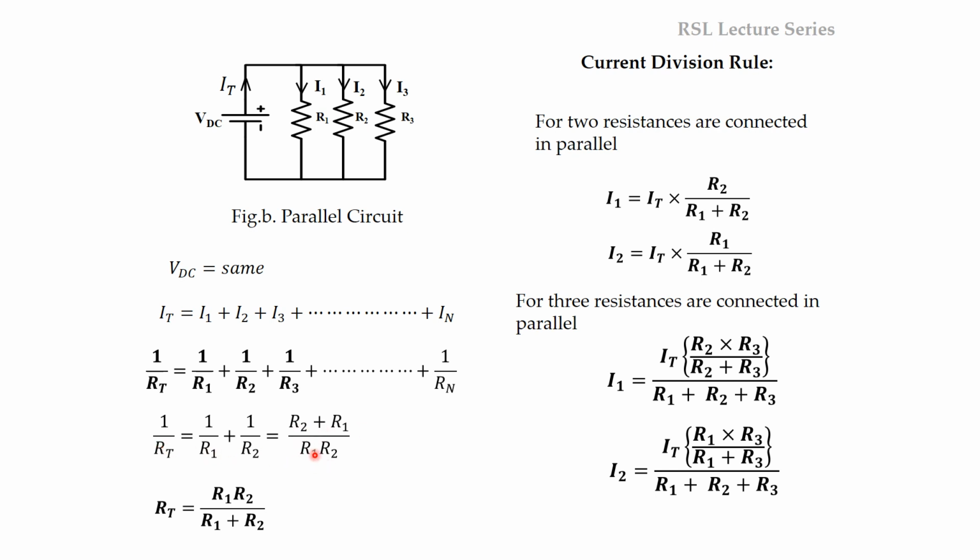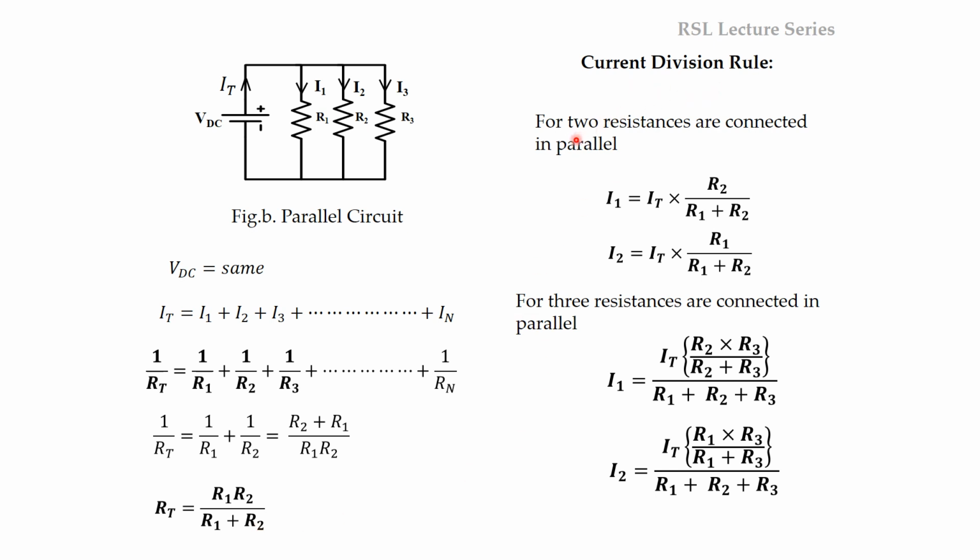Now taking reciprocals on both sides, we get RT equal to R1 R2 divided by R1 plus R2. So if we consider two resistors in parallel, we can write RT directly as R1 R2 divided by R1 plus R2. Then we can apply the current division rule.